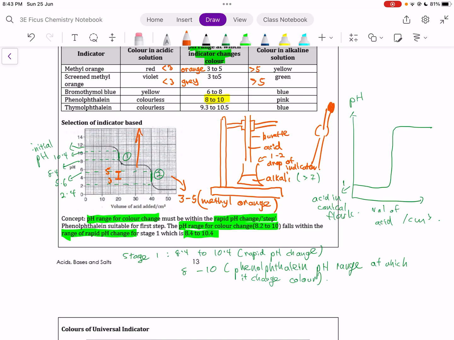Anything more than 5, it will stay yellow, so it completely misses the rapid pH change, which is the point at which the acid neutralizes the alkaline. So you want phenolphthalein, which changes from pink to colorless from 8 to 10. So how you answer is that the pH range for color change for methyl orange, 3 to 5, falls within the range of rapid change for stage 2, which is 2.4 to 5.6.